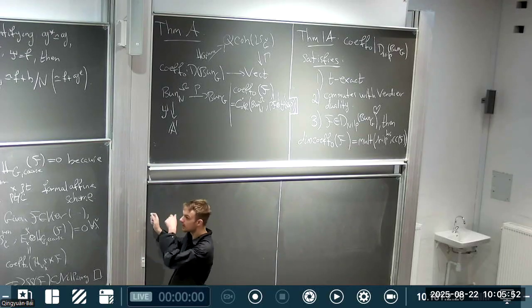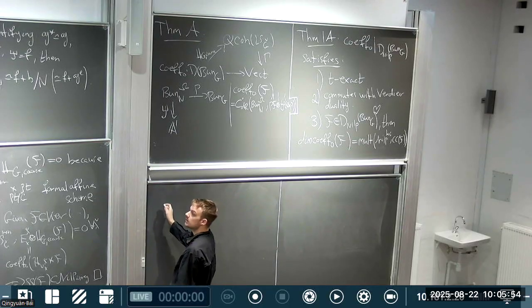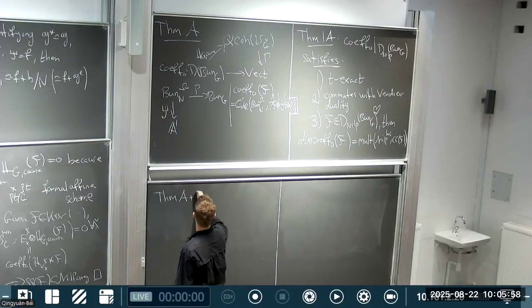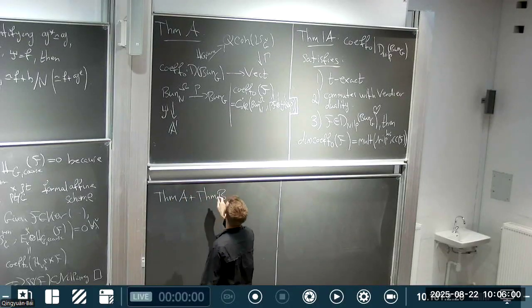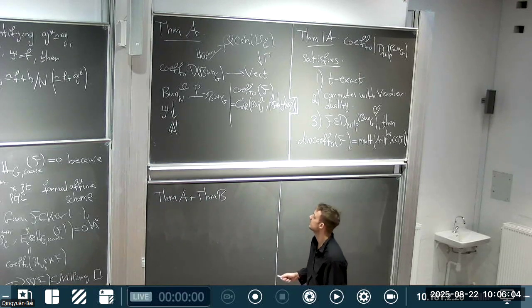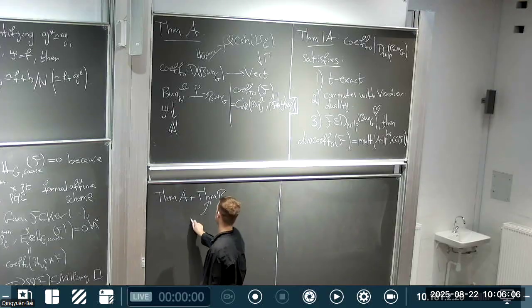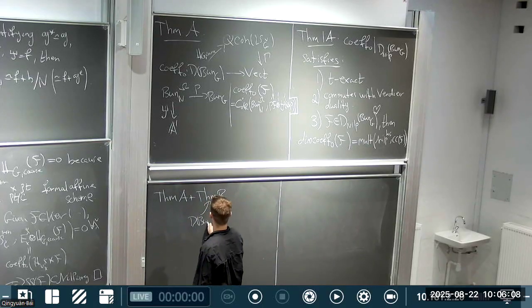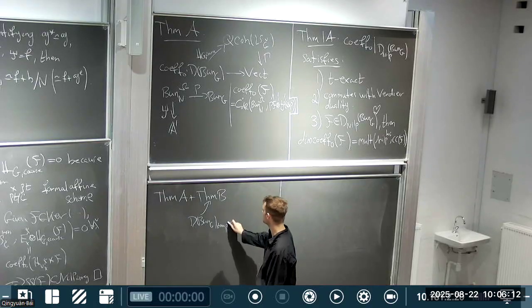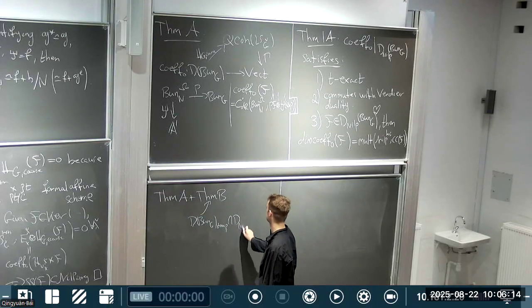Theorem A and theorem B was on the board. It's not on the board. So this thing said that tempered things cannot have nilpotent irregular singular support.